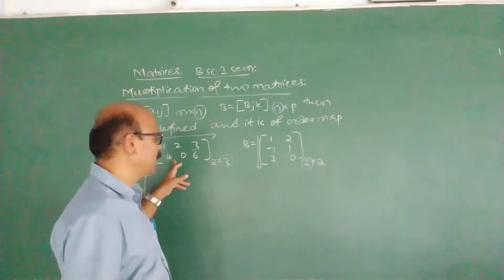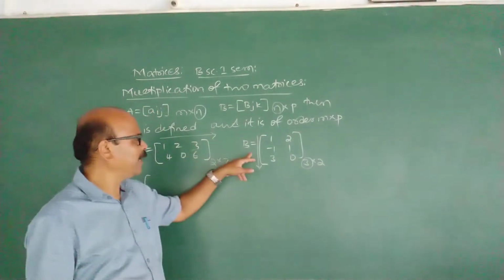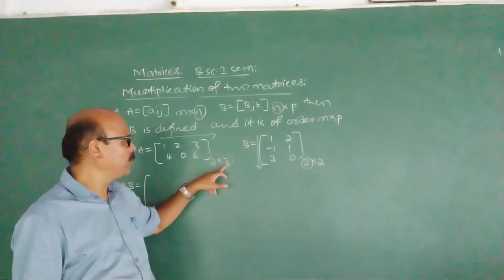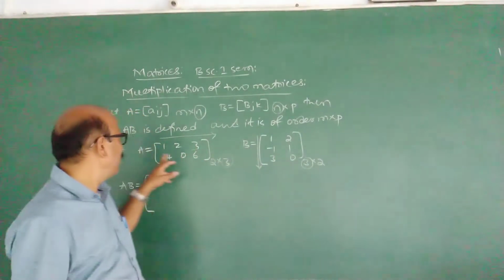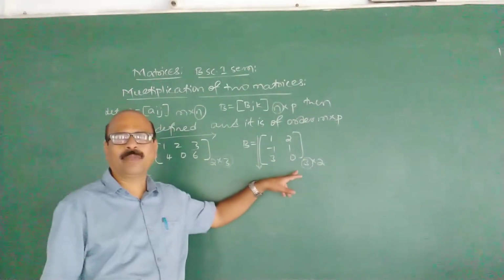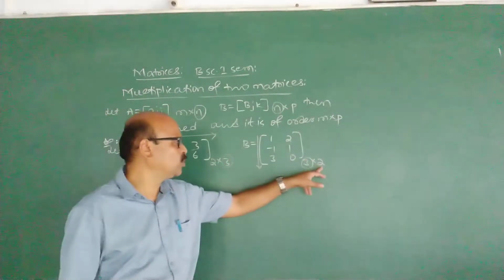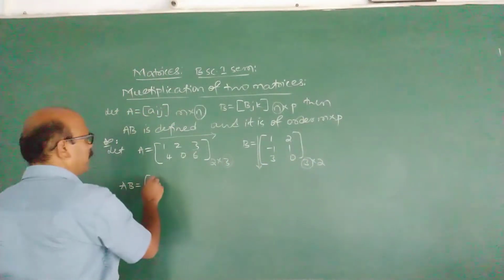A matrix is not a number. Therefore, the product is defined only when the number of columns of pre-matrix equals the number of rows of post-matrix. And you should also have an idea about the order of AB. The order of AB is a 2 by 2 matrix here.